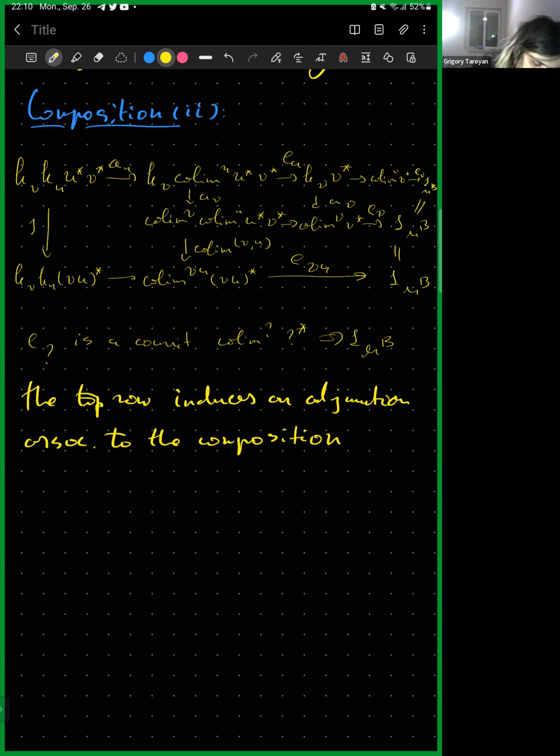So this is the counit of the adjunction which comes from the homotopization of the composition.